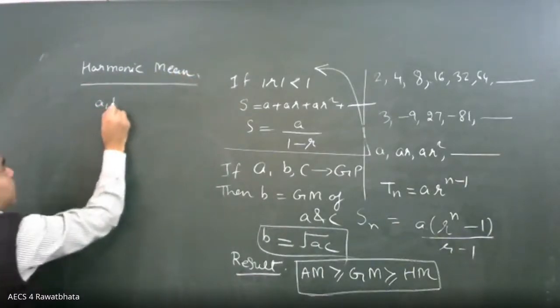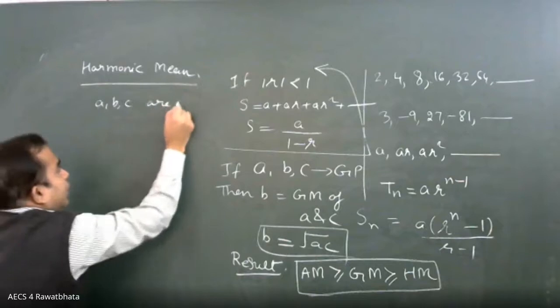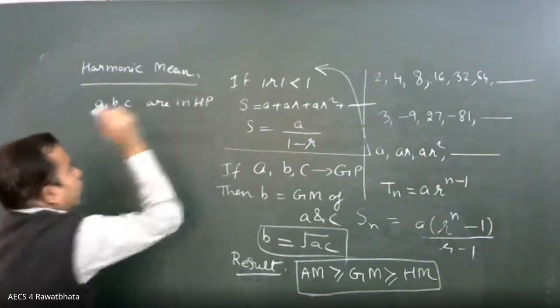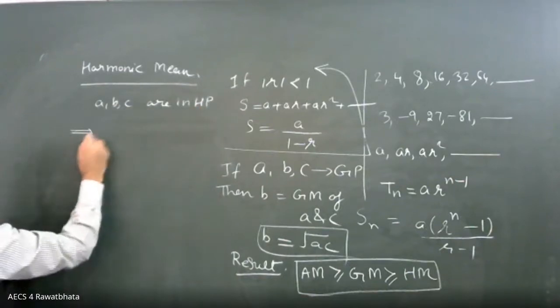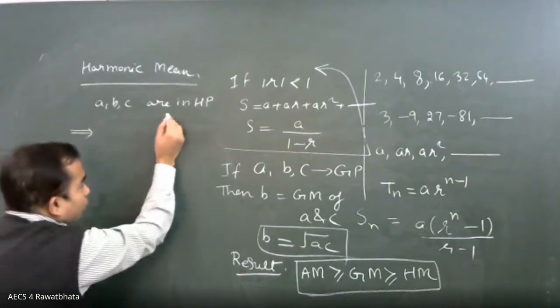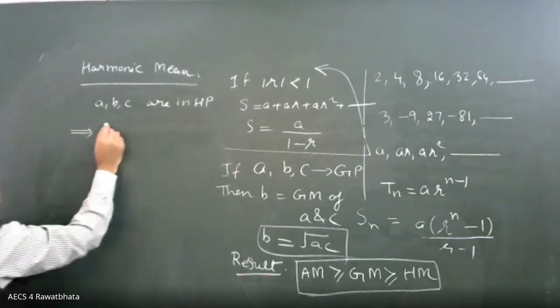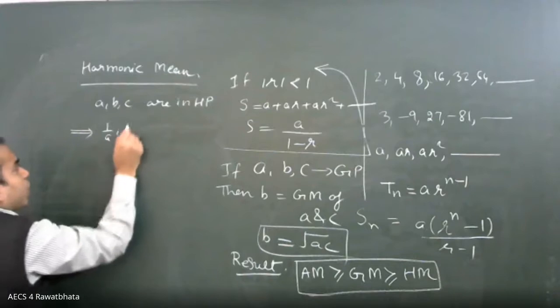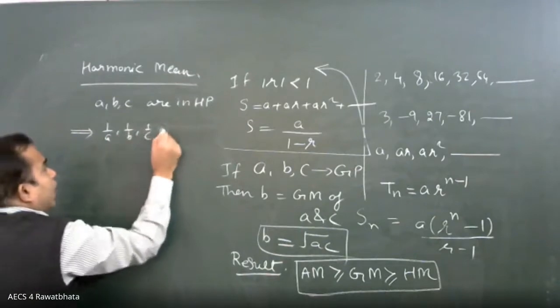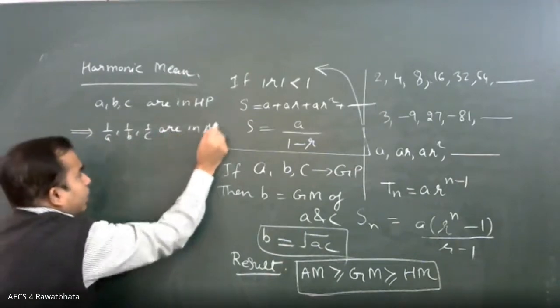Suppose A, B and C are in HP, harmonic progression. If three numbers are in harmonic progression, it means that their inverses, 1 upon A, 1 upon B and 1 upon C, are in AP, arithmetic progression.